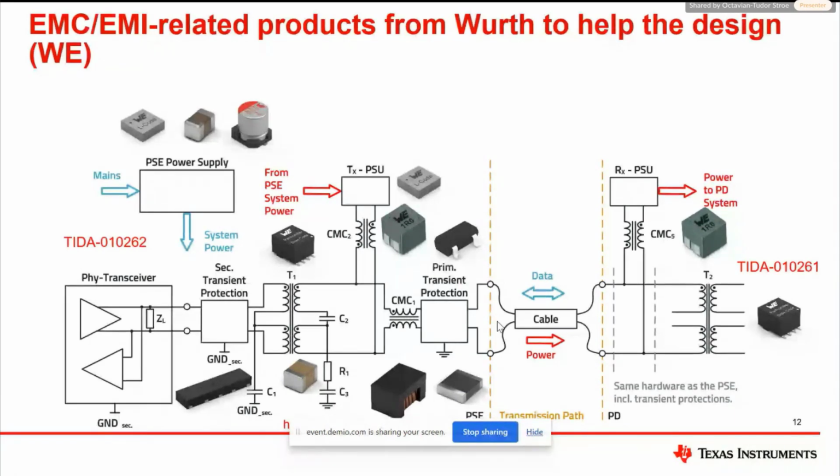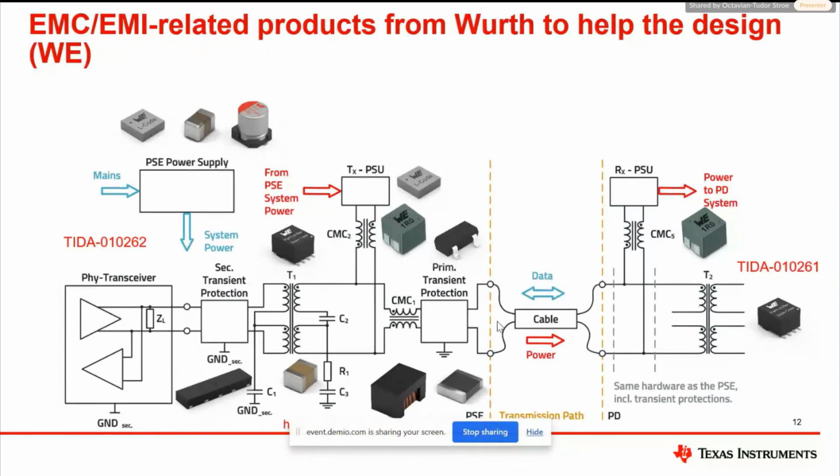On the left side is the PSE, the power sourcing equipment, in this case the TIDA-010262. And on the right side is the PD, which is TIDA-010261. And in between, of course, we have the transmission path, in this case the cable.